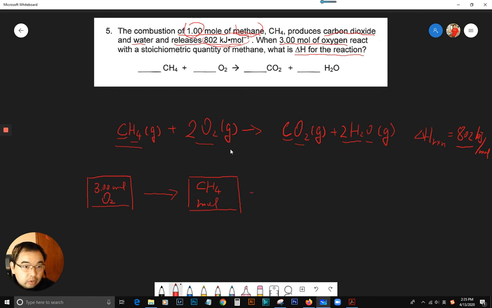And then, based on how many moles of methane you calculate, you find the enthalpy associated with it, which is in kilojoule.